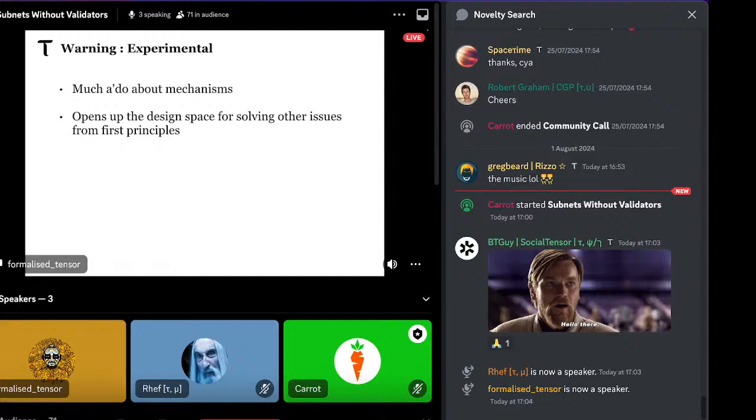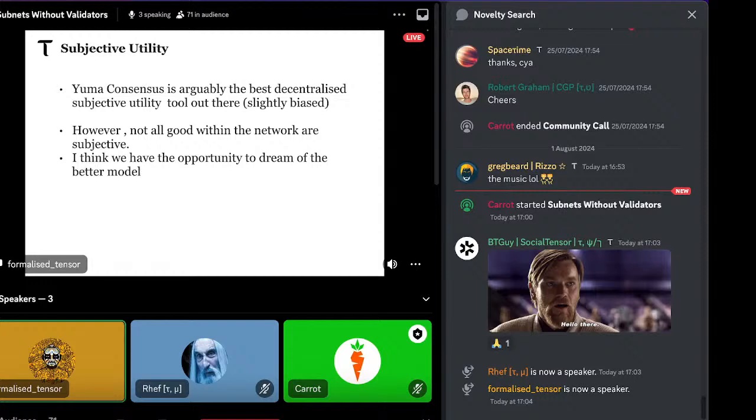So let's go back to 101 on human consensus and how it is the best decentralized subjective utility tool out there. It's the lesser of all evils at measuring subjective utility. Everything out there is absolutely terrible.